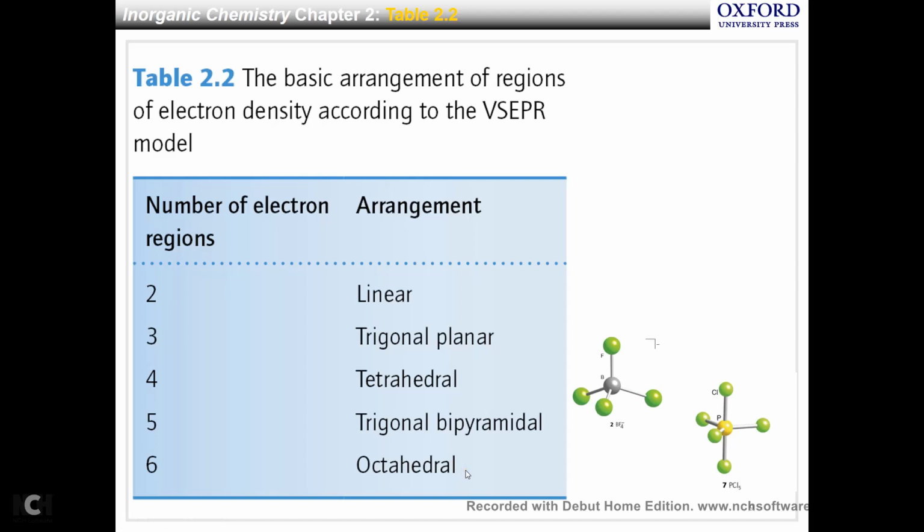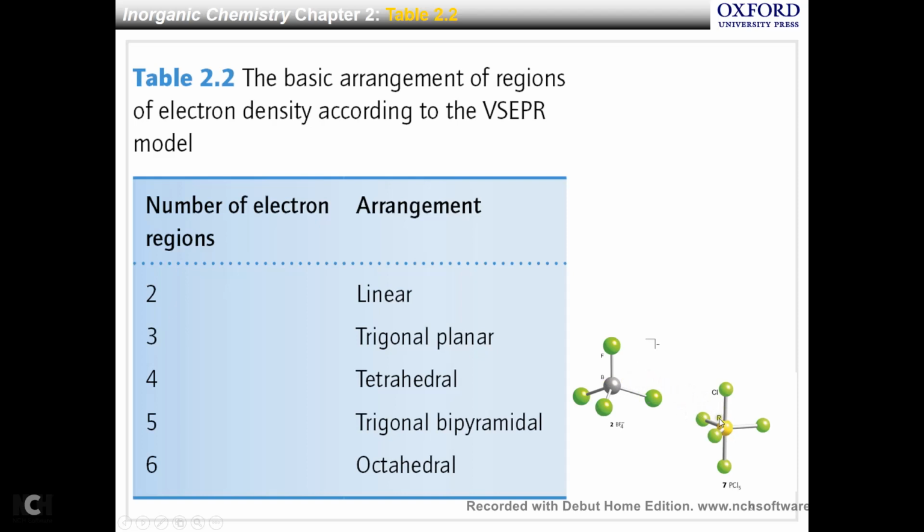6 electron groups. So it's very important for you to realize that I was talking about electron groups. I was not talking about molecular structures. It just happens that in these 2 cases, the electron geometry is the same as the molecular geometry.